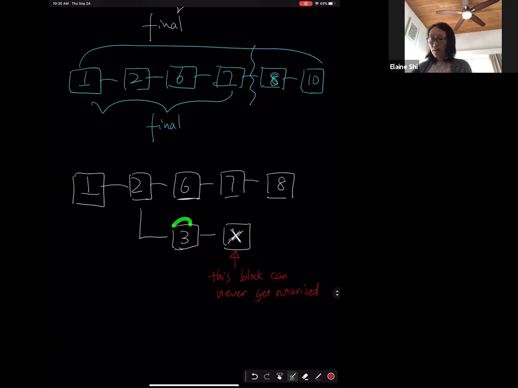So when this honest person wants to make a proposal, it hasn't received the notarization for 6 yet. That's why it's building the block from 2, but then the network suddenly healed, right?